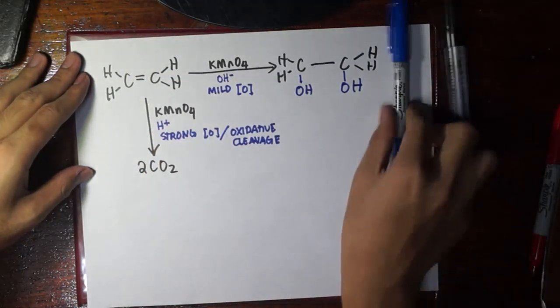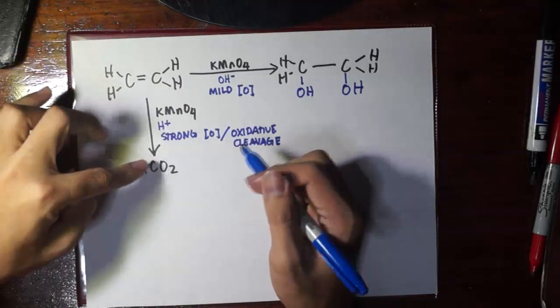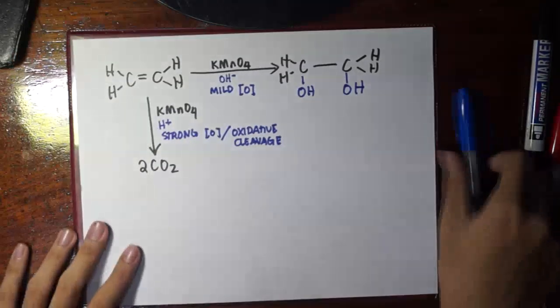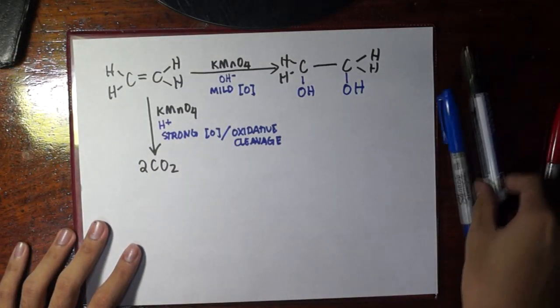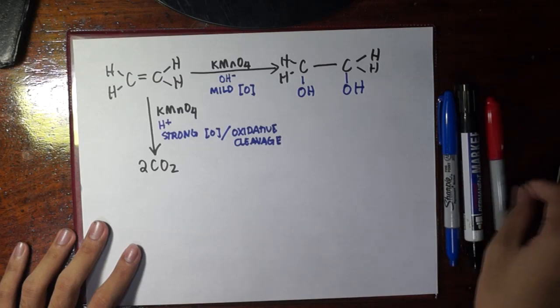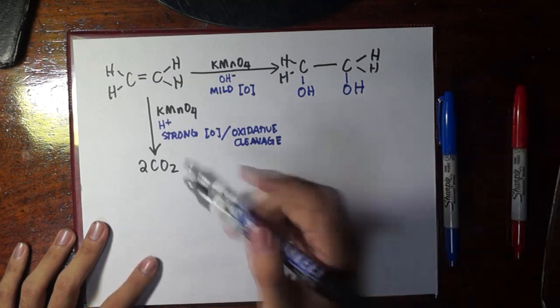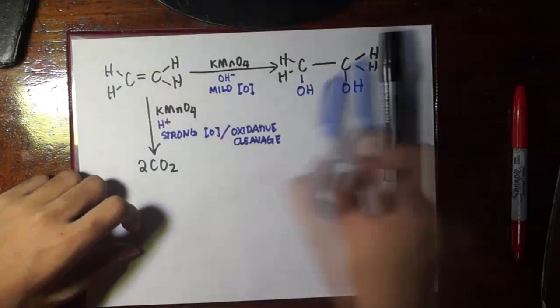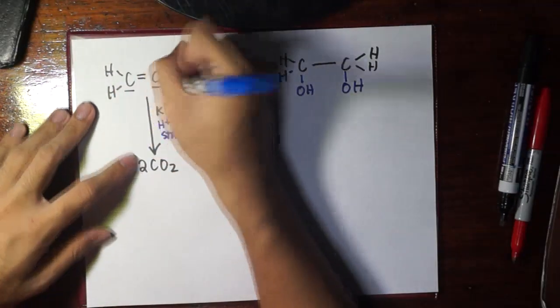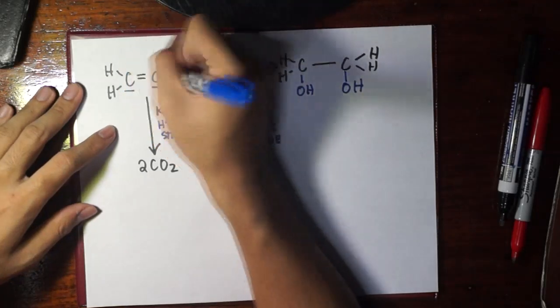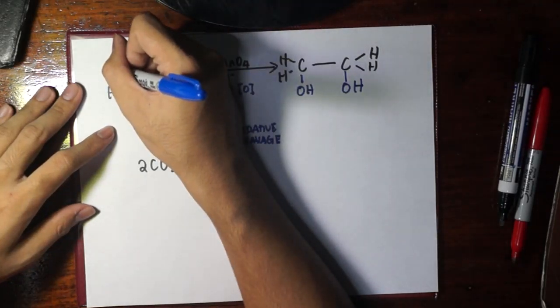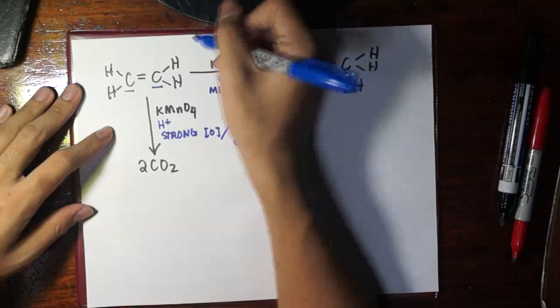And you may be wondering, where did these oxygens come from? So let's discuss the rules on oxidative cleavage, or the way that I usually teach how to predict cleavage products. So look at the vinylic carbons here. Each of these carbons are supposed to be bonded to a maximum of 2 hydrogens.